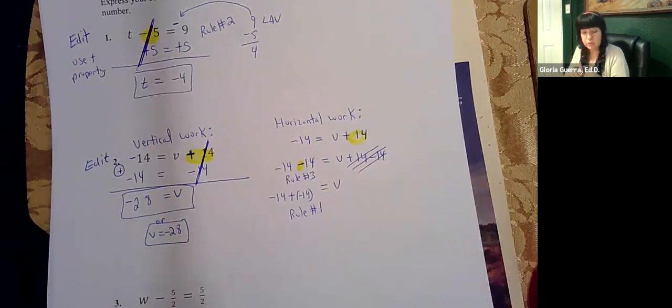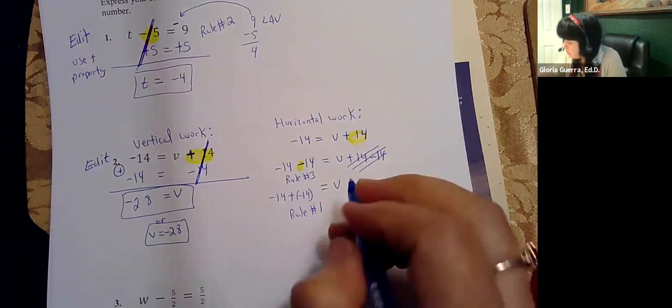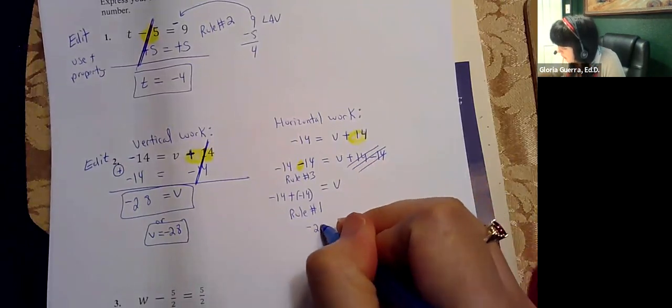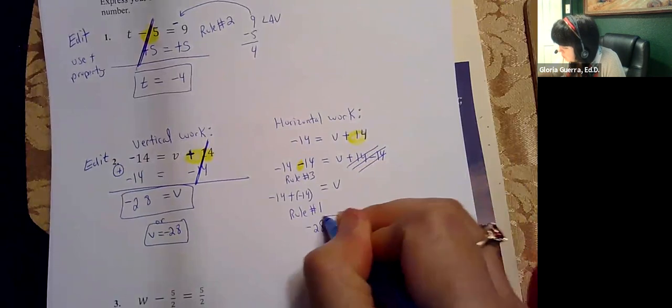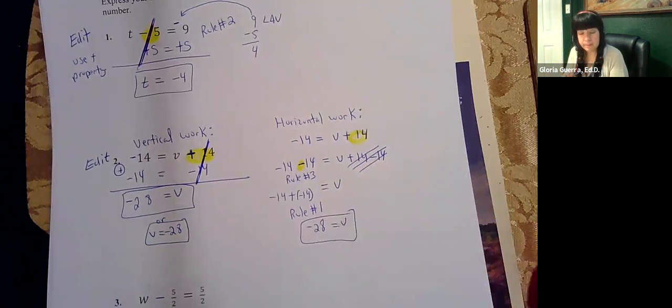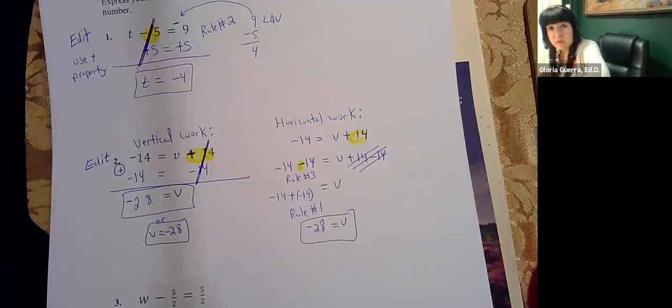You're adding 2 numbers with the same signs, so that'll give you -28 feet. All right, so it's showing you work horizontally.